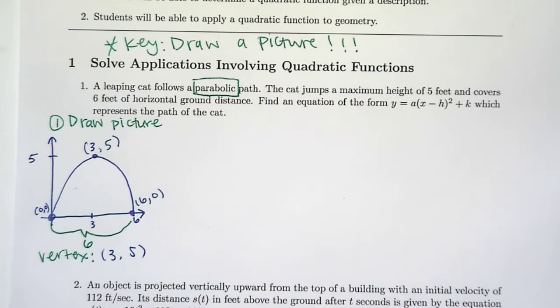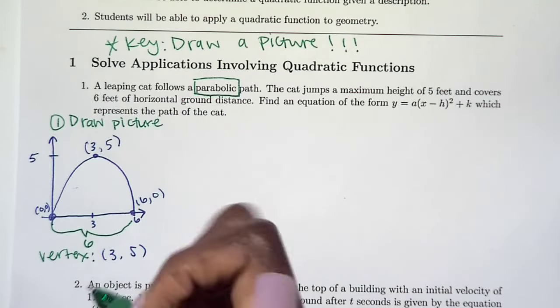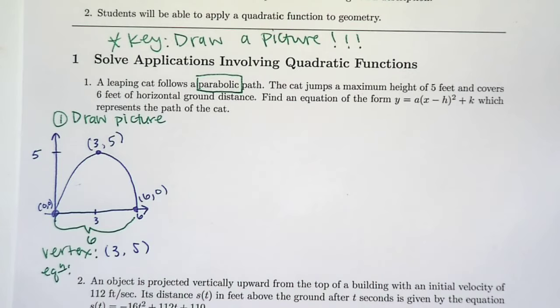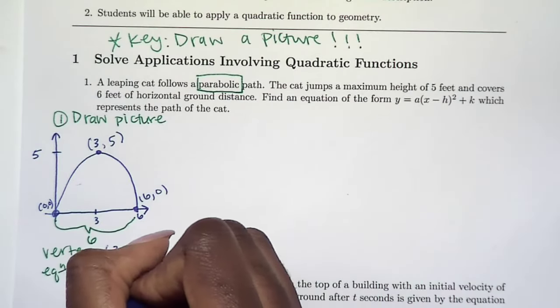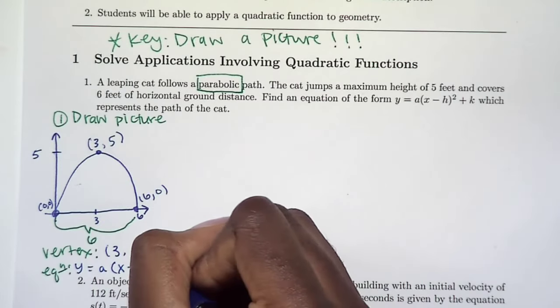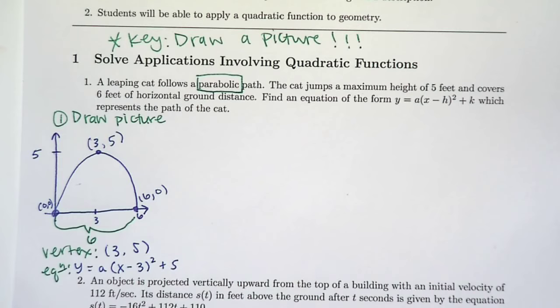And we can get part of our equation, right? We have everything except a, we have h, we have k. So our equation, y equals a(x minus 3) squared plus 5. And we got all of this just from drawing a picture. We haven't really done any pre-calculus yet. We just drew a picture and we knew how to figure out the standard form of an equation.